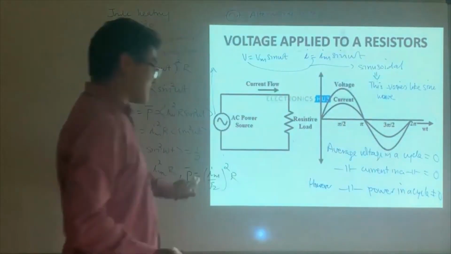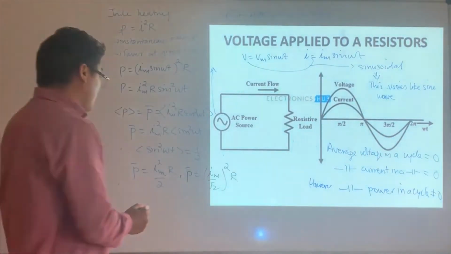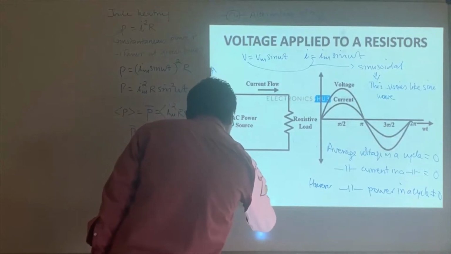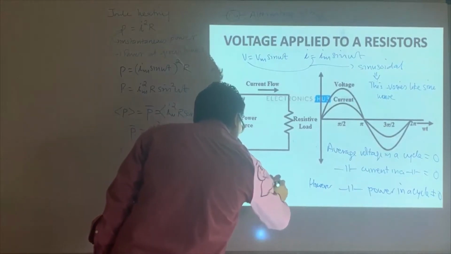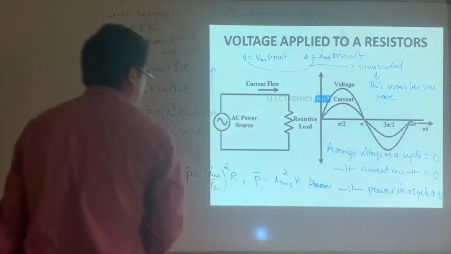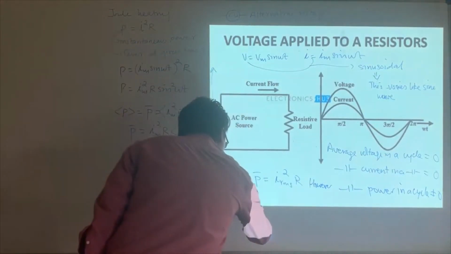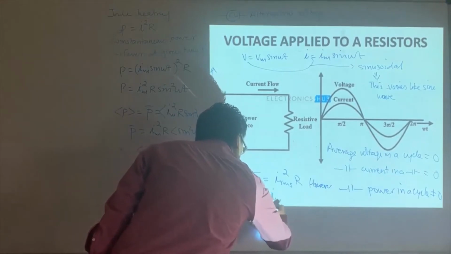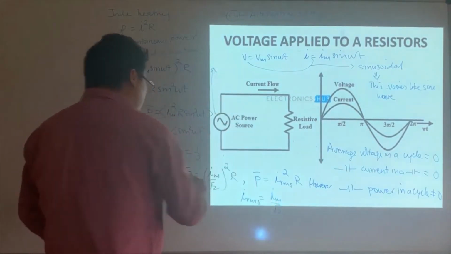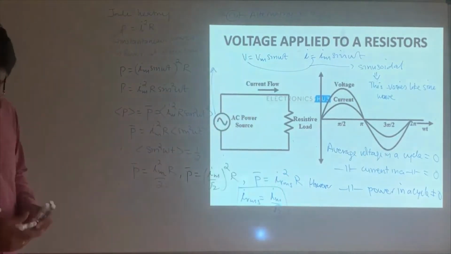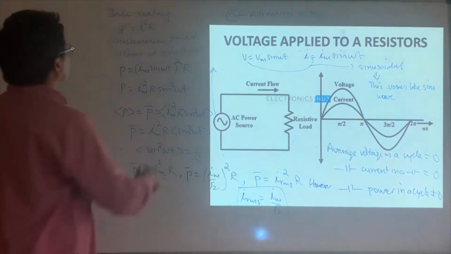What is the average power? Therefore, I am going to write one more. This is equal to IRMS squared R, where IRMS is equal to Im divided by root 2, which we call the root mean square.